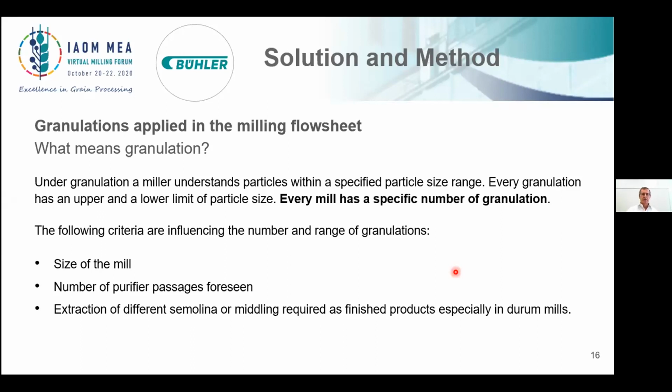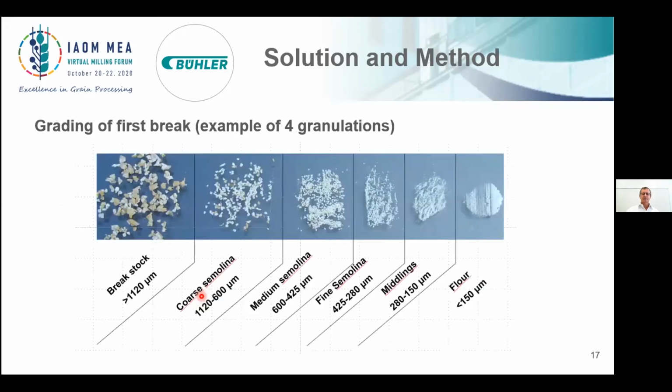So the number of granulations depends on the size of the mill, the number of purifiers you have or want to install, and the extraction of the mill. So talking about granulations, what do millers count?